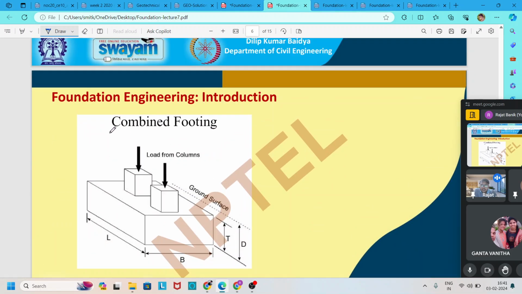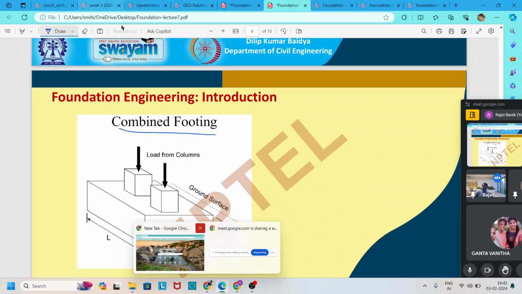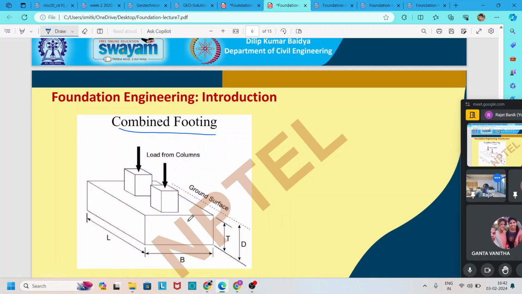Then combined foundation, or combined footing. It is called combined because if two columns are very close to each other, and the foundation area of each column is overlapping, then this type of foundation may be built.